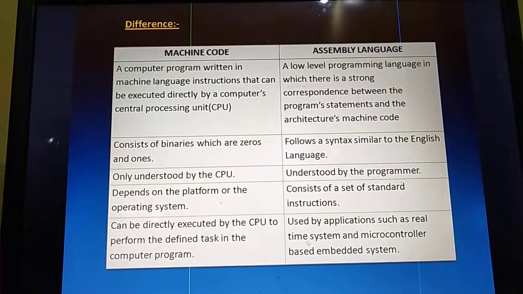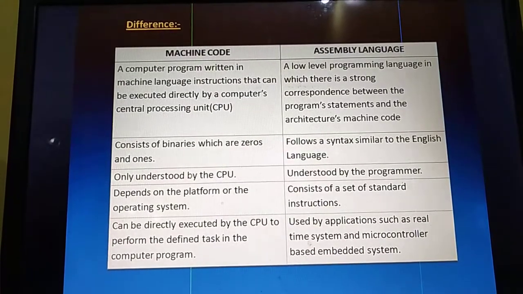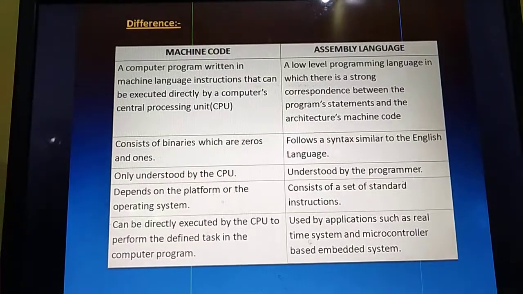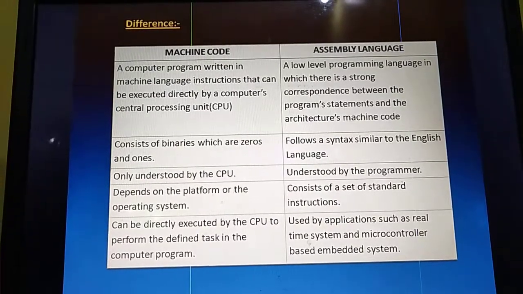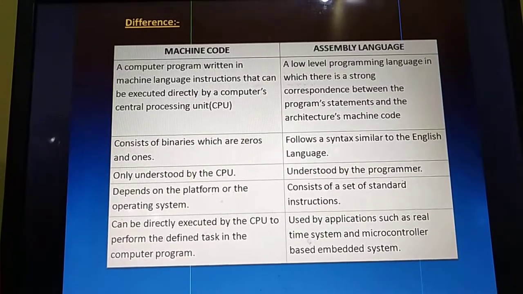Machine code consists of 0 and 1, but assembly language consists of English statements. Machine code is only understood by the CPU, and assembly language is understood by the programmer.